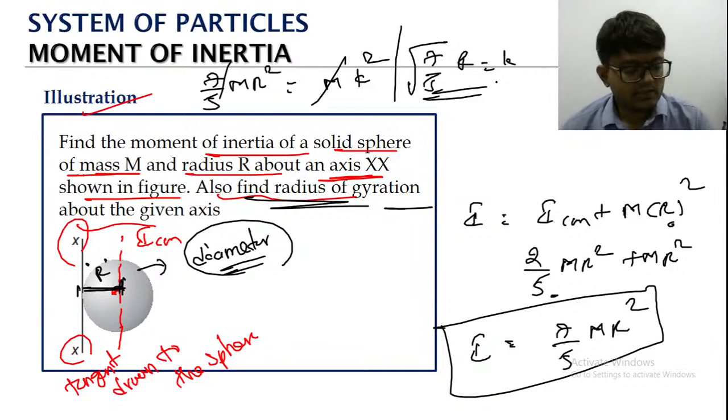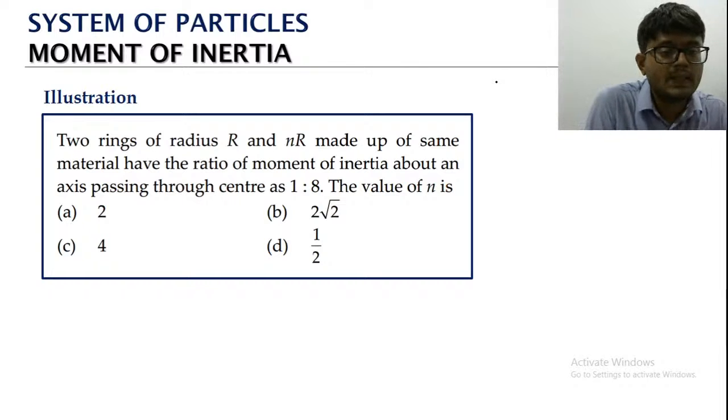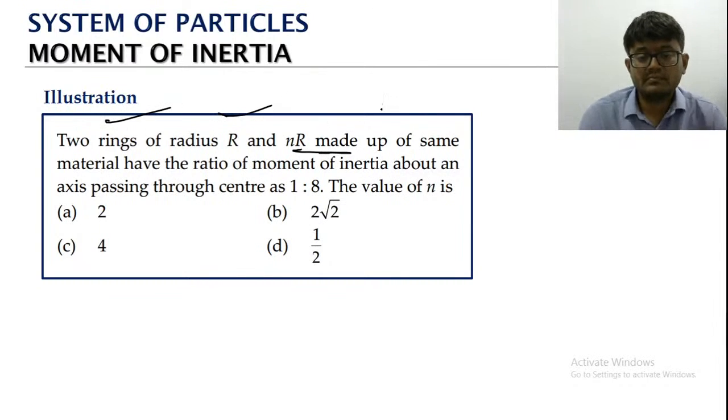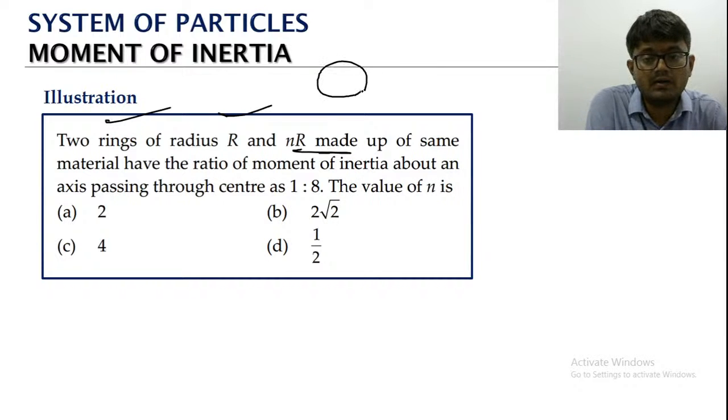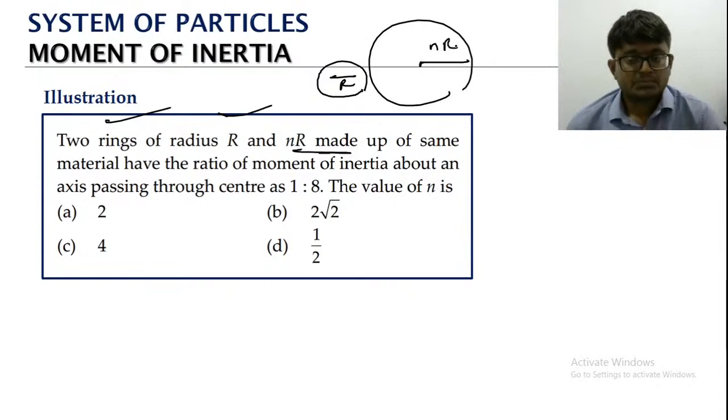Okay, so clear, guys? Now we'll go to one more question. Let's see. Two rings of radius r and nr. This is a ring of radius r, and there is a ring of radius n times r.